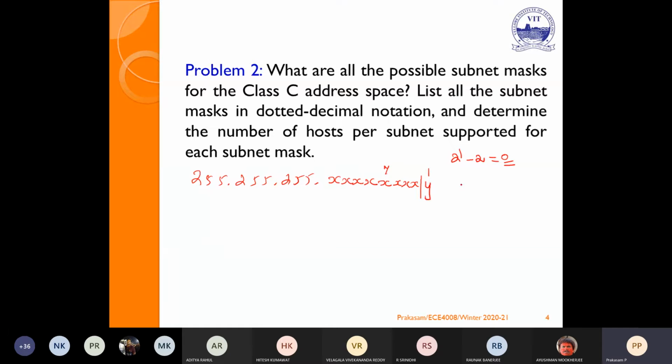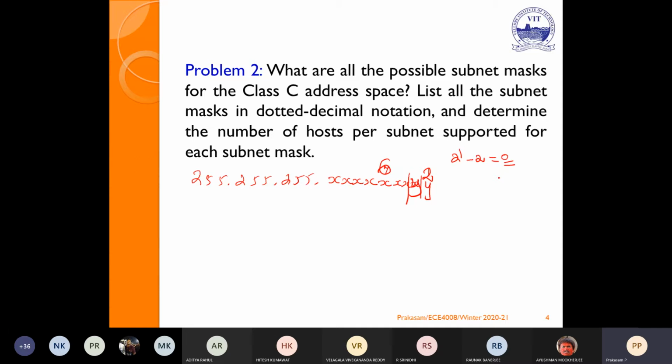So if I am allocating 1 for host, 7 for subnet, I cannot provide a host address for even a single host. So always in the starting, you should allocate 2 for the host, then 6 for the subnet.